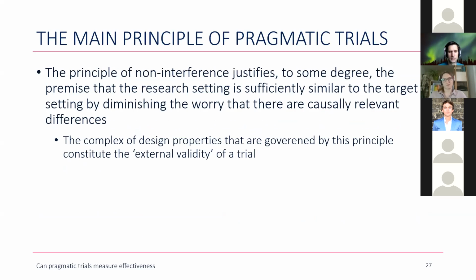Now, I think it's precisely the principle of non-interference which justifies, at least to some degree, the premise that the research setting is sufficiently similar to the target setting, by diminishing the worry that there are causally relevant differences between the two. And it's also that complex of design properties that are governed by this principle which constitute the so-called external validity of the trial.